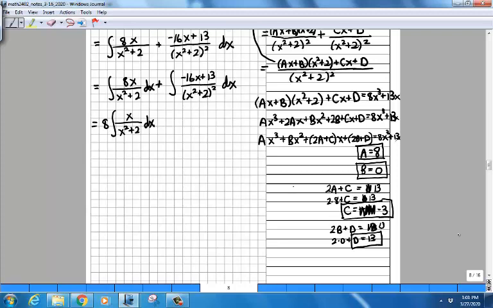So I know that 2d plus c is 0, right? And of course b is 0, so 2 times 0 plus d is 0. That means that d is equal to 0, okay? So slightly different values now for these constants.